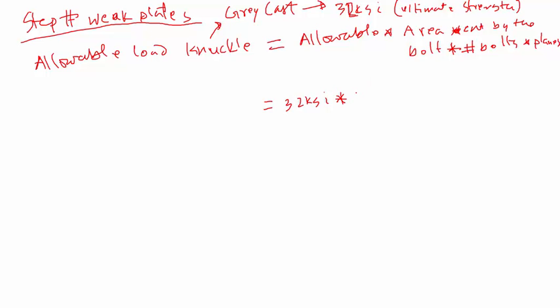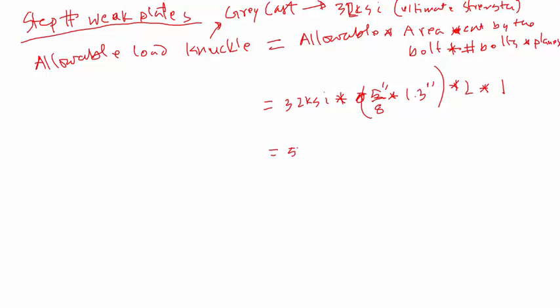And then the area cut by the bolt is the bolt diameter, 5/8, times the plate thickness. The plate thickness is 1.3. You can go back to the problem and read the knuckle thickness. Times 2 bolts, so 2 bolts are cutting this knuckle, and then only 1 knuckle plate.